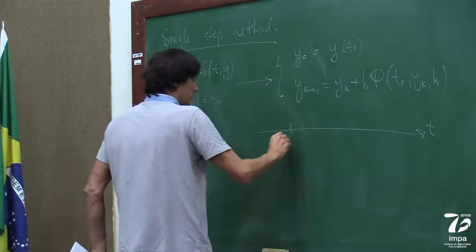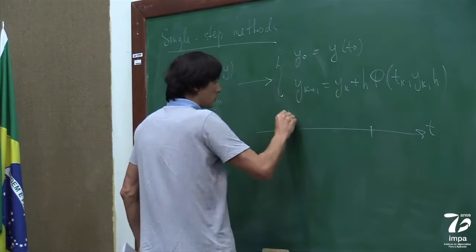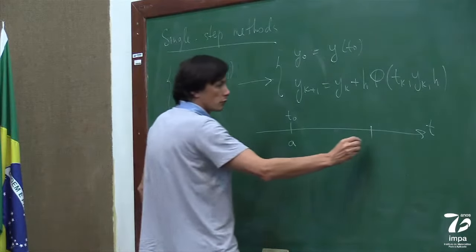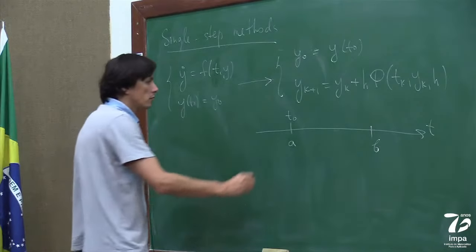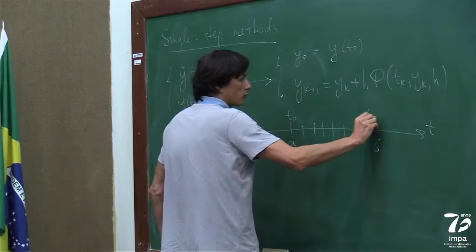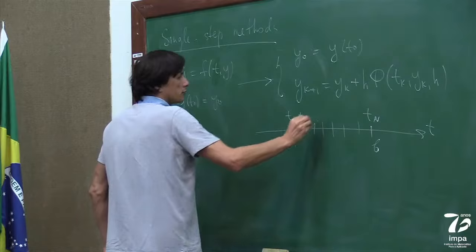And so what we did here is that we took the timeline between the 2 points; we integrate the equation between 2 points a and b. We split it into equal intervals such that the number of intervals is capital N. So this is t_1 and so on.